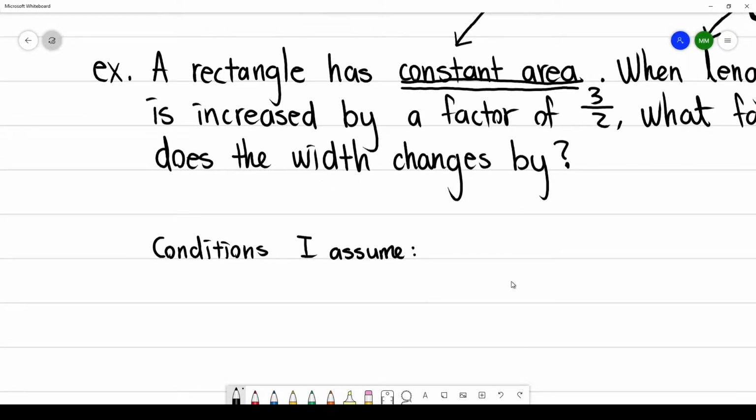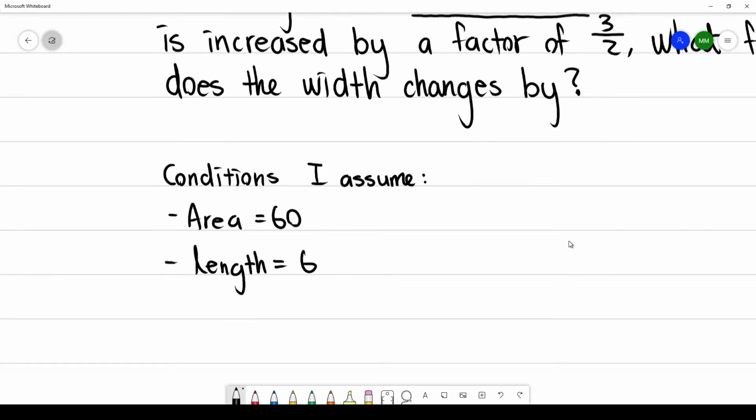So I'm going to assume area equals 60 and length equals 6. Then that means the width is equal to 10, right? So 10 times 6 is 60.